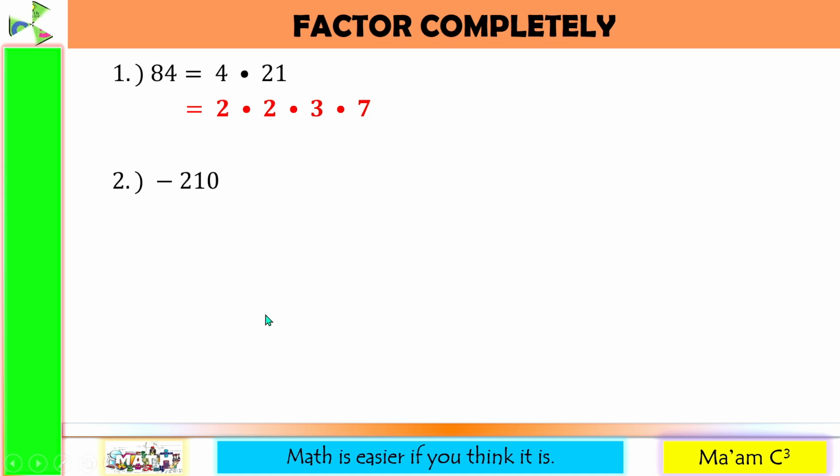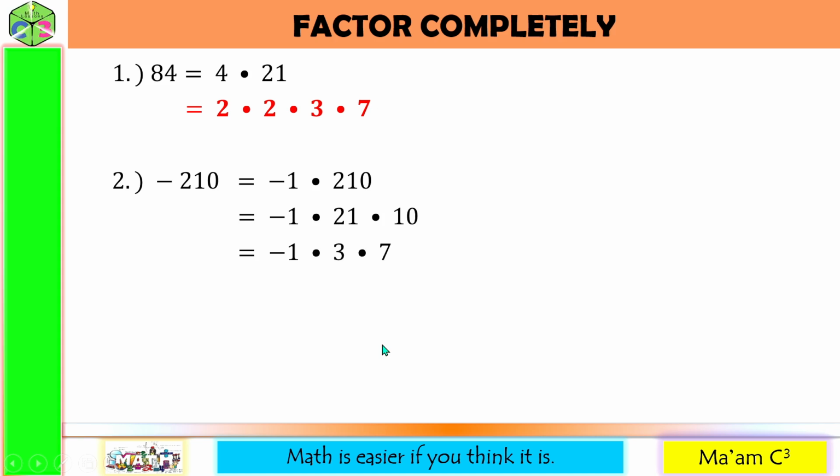Let's have negative 210. Negative 210 can be expressed as a product of negative 1 and 210. Let's copy negative 1 here. 210 can be expressed as 21 times 10. Let's copy again negative 1, while 21 is 3 times 7, and 10 is 5 times 2.